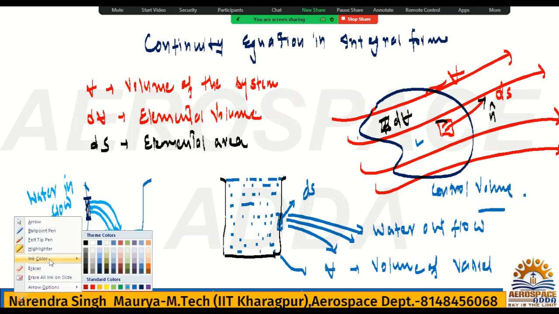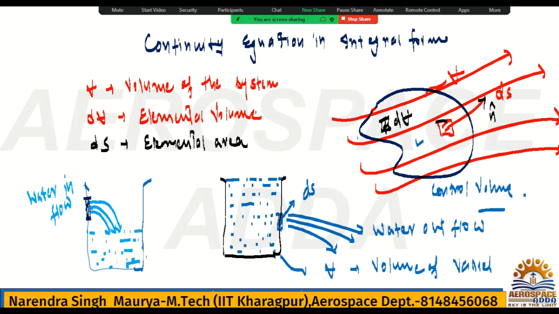I must write in short. So mass increment in control volume. Why? Because it is filling.